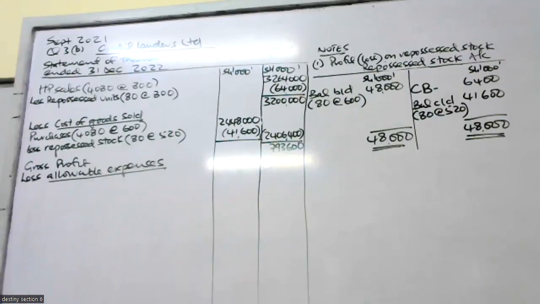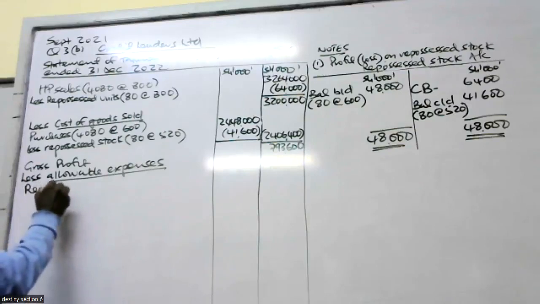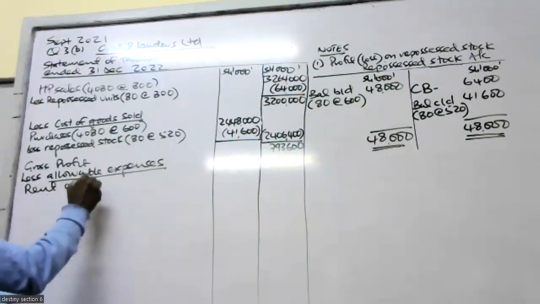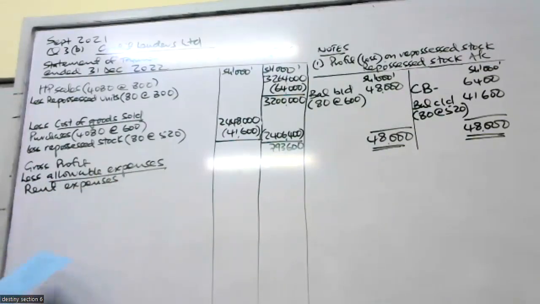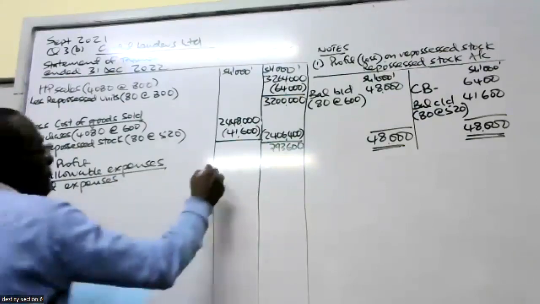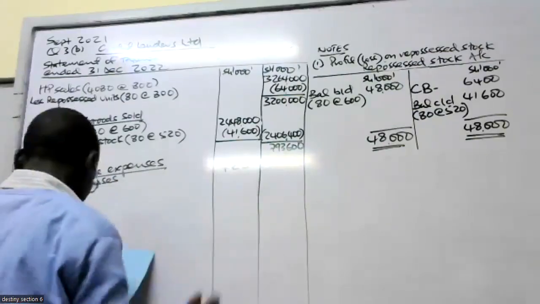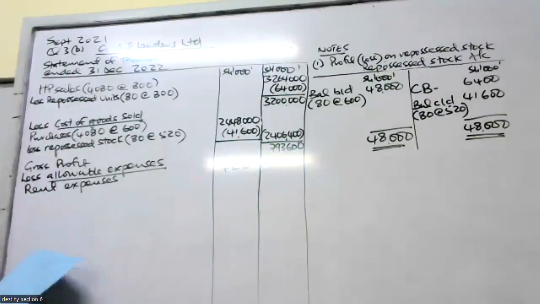The allowable expenses are in note 5, like rent expenses. We'll charge rent expenses of 420. Then legal expenses, 1,200,000, of which 320 was in respect of defense against illegal importation of machines.